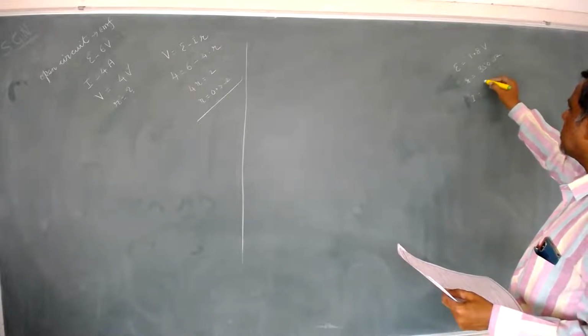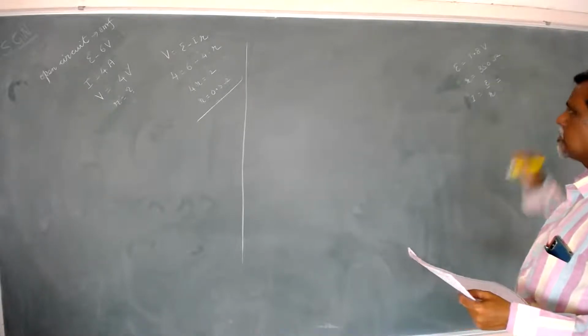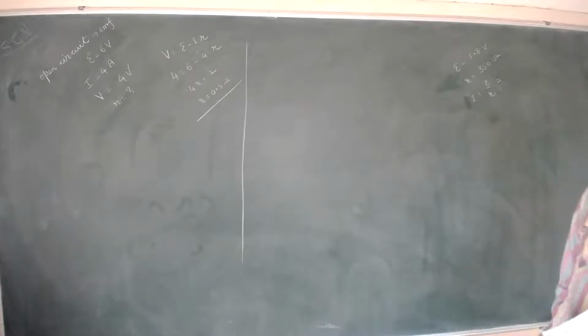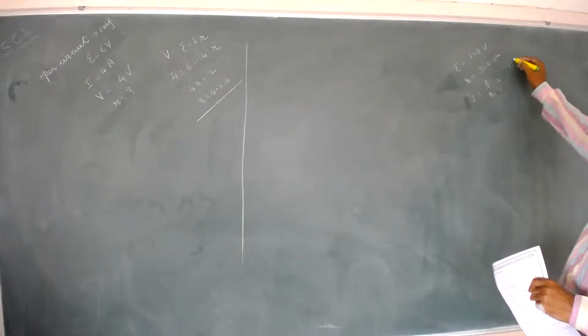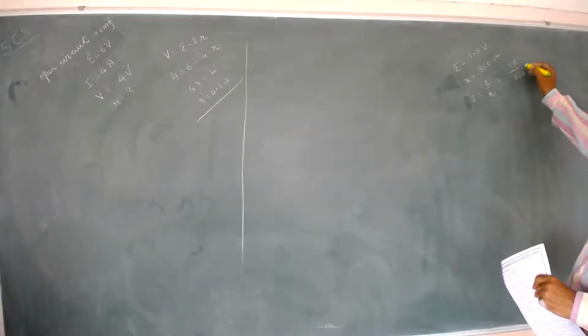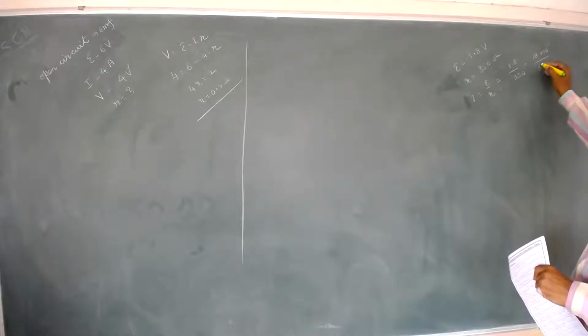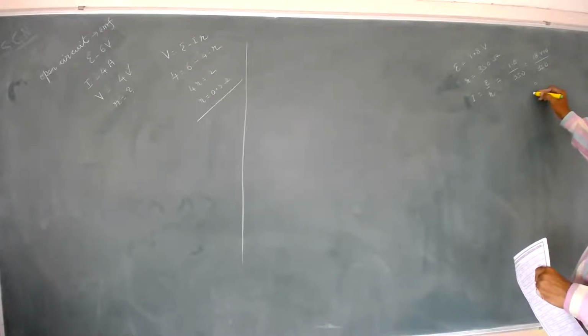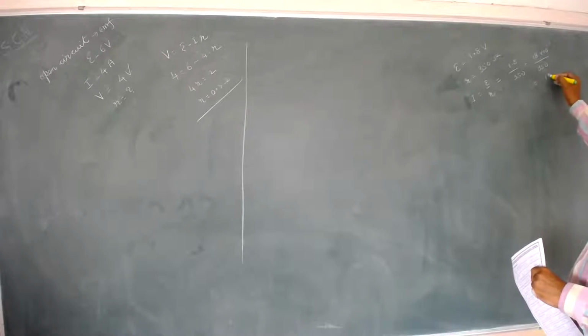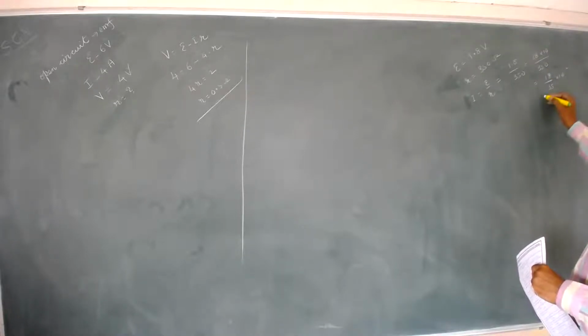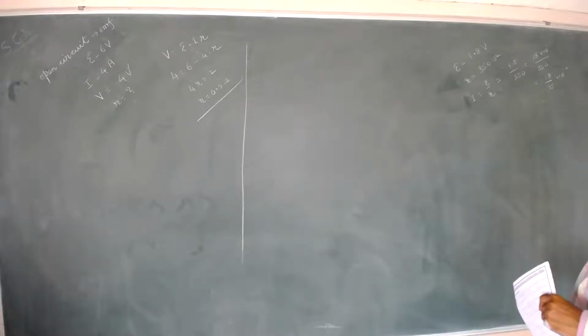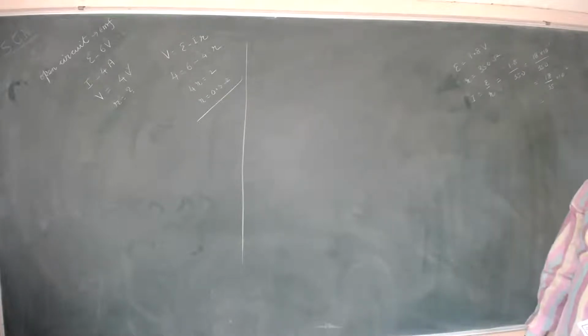So I is equal to epsilon by r. So 1.8, this is 18 into 10 power minus 1 by 350. So 18 by 35, 10 power minus 2.